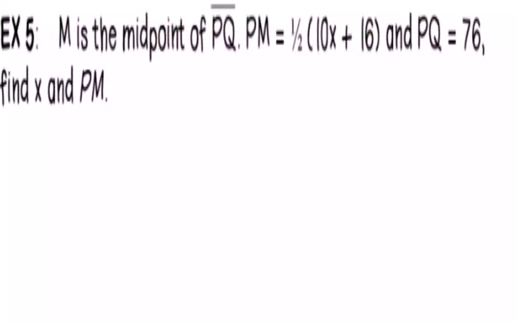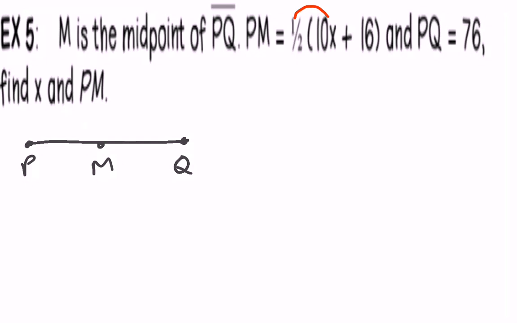M is the midpoint of PQ. What do we always do first when they give me something like that? Draw a picture. So M is the midpoint of P and Q. PM equals 1/2 times 10x plus 16. What are we going to do first with that? Because we don't like fractions, simplify the fractions before we put it in the problem.